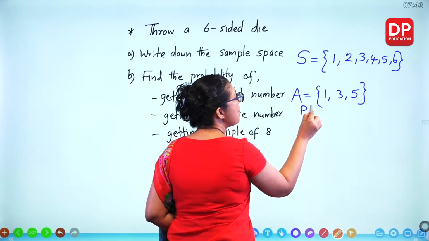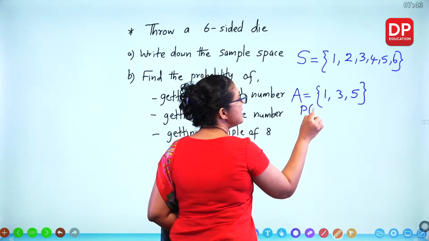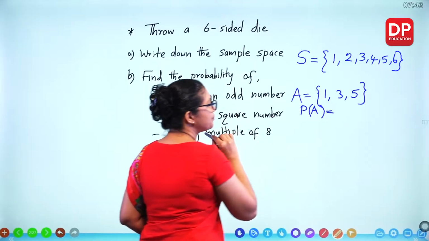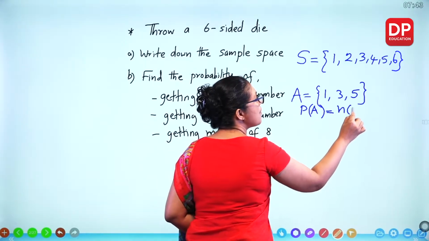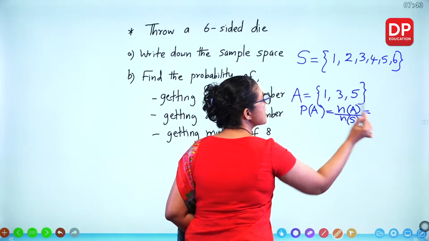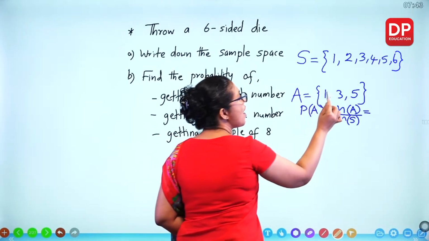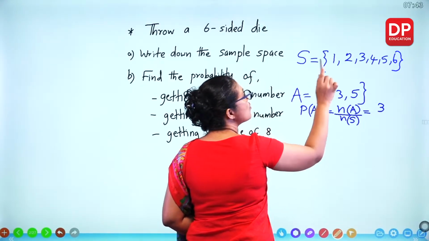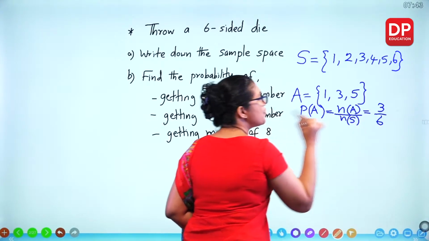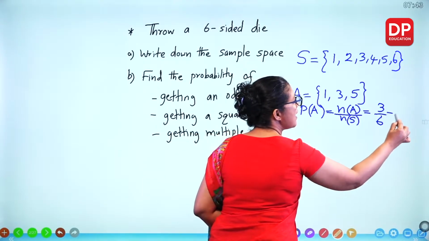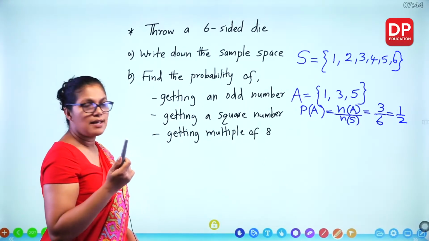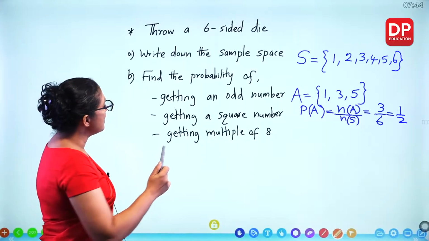We write P for probability, and here P(A) is equal to the number of outcomes in A over the number of outcomes in the sample space. What is n(A)? 1, 2, 3, out of n(S), 1, 2, 3, 4, 5, 6. So 3 over 6, we can simplify and write half. So the probability of getting an odd number is half.